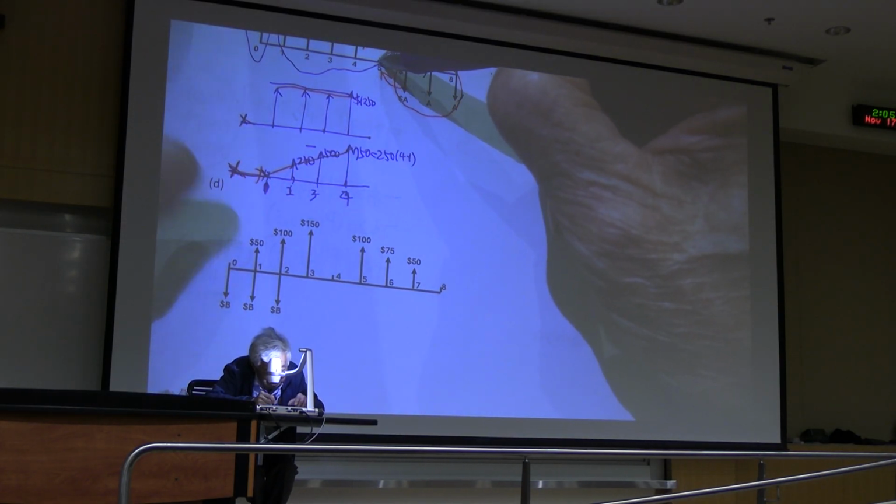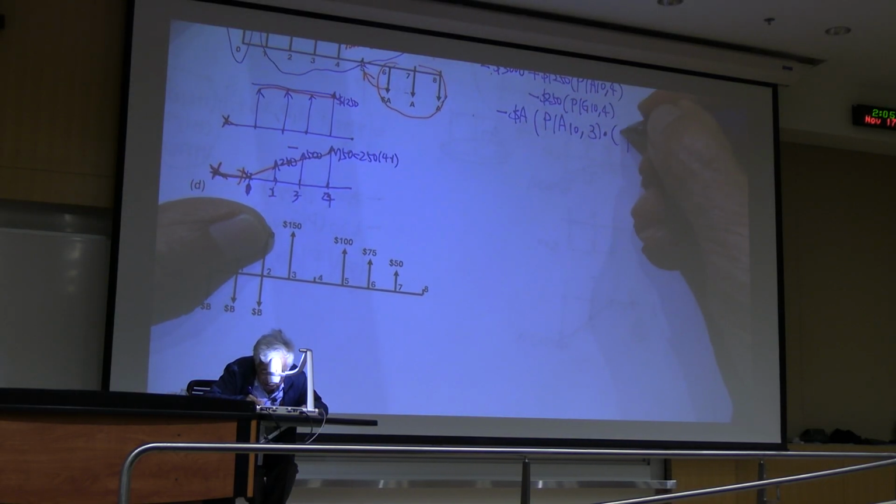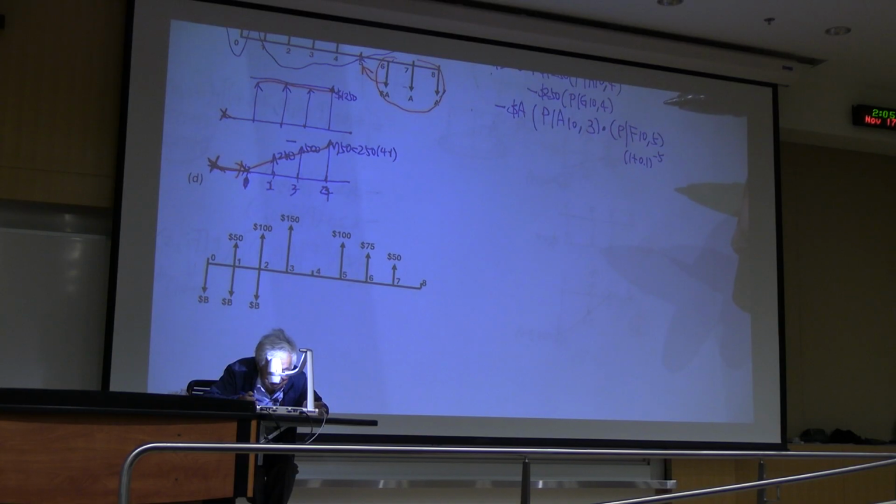This present value, move that back to 0. Given F to find P, 10, 5, or 1 plus 0.1 to the minus 5. This is easy. The last one.